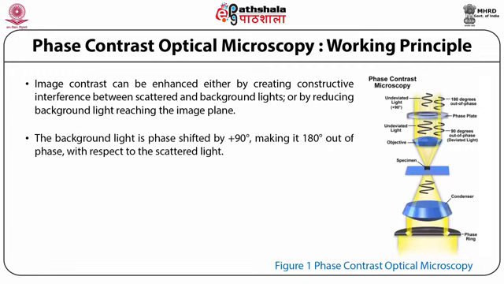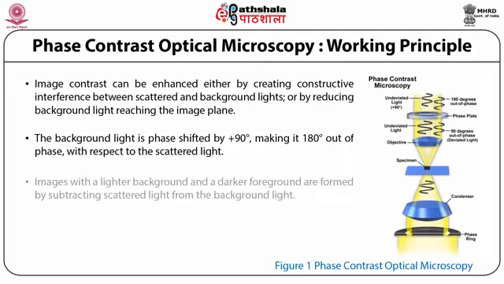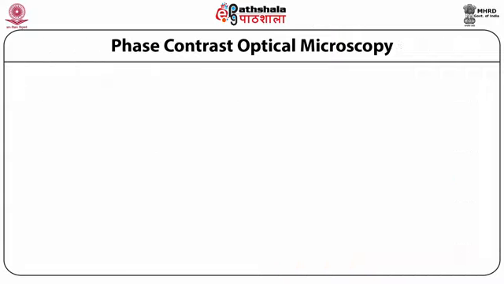The background light is phase shifted by plus 90 degrees, making it 180 degrees out of phase with respect to the scattered light. Images with a lighter background and a darker foreground are formed by subtracting scattered light from the background light.